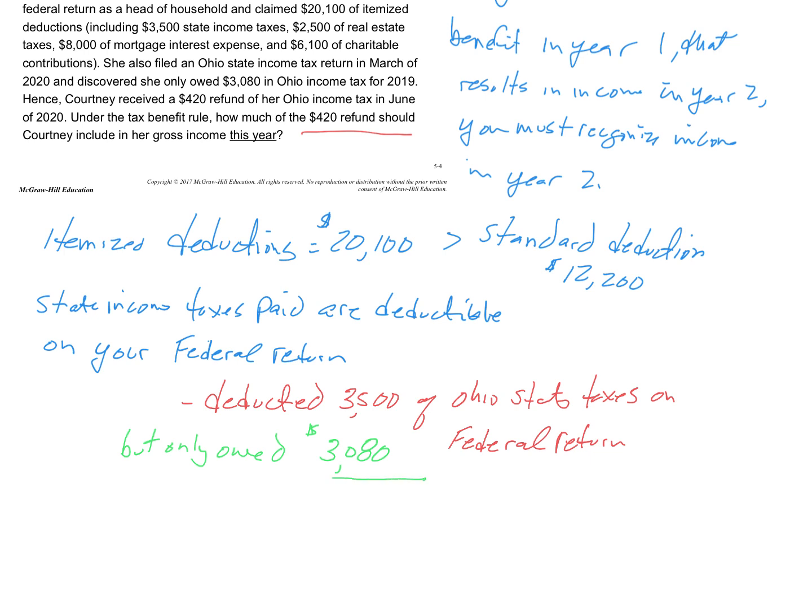Okay. So what is the difference between what she deducted and what she actually owed in state taxes once all the dust settled? Well, the difference is that $420, so that was a refund amount, okay?